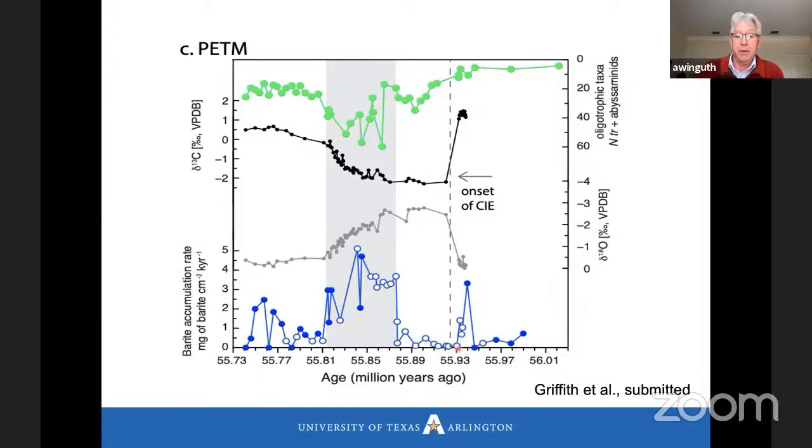However, we see this increase in barite accumulation rate at the PETM, but we don't see an increase in oligotrophic taxa; we see actually a larger extinction of the foraminifera. So that's quite interesting. You see here the PETM onset with a negative carbon excursion, and also the increase in the temperature as revealed by the delta-18 oxygen record.